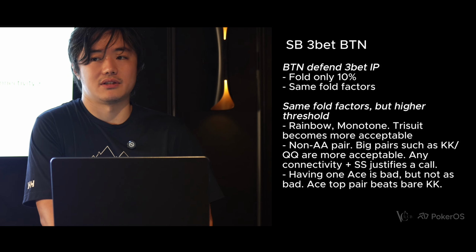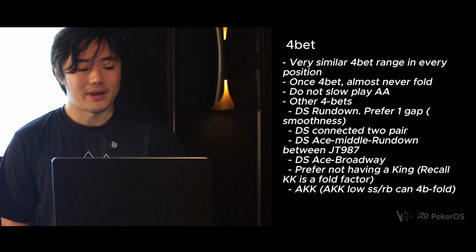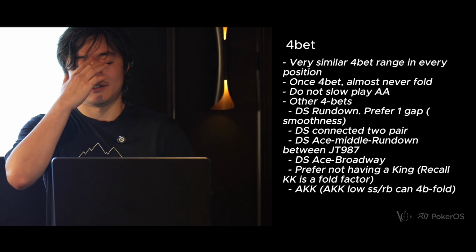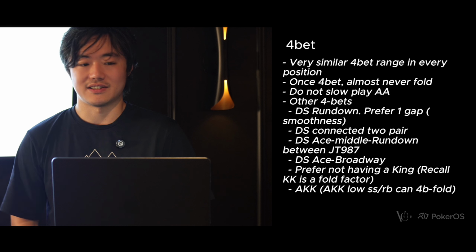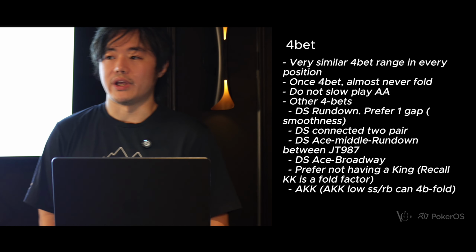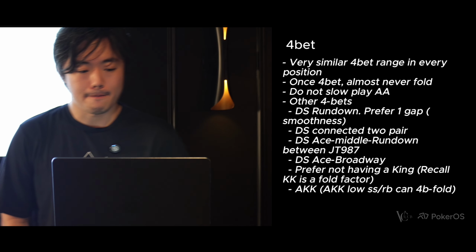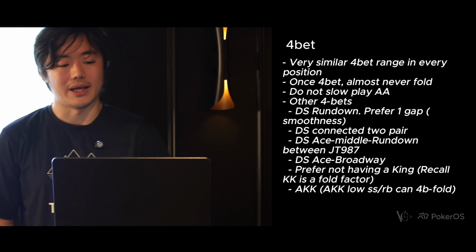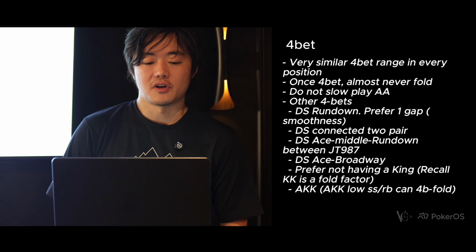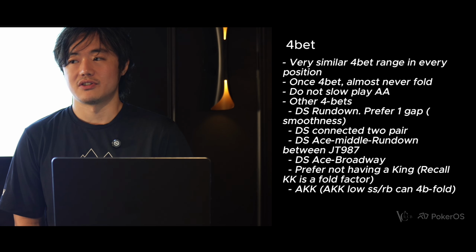It's very similar, but with some factors that we introduced. 4-bet is easy. 4-bet is one of the easiest things in PLO. Just a few heuristics. If we remember those heuristics, we can comfortably know how to 4-bet. The first heuristic is very similar for every position, so it's not like Hold'em.